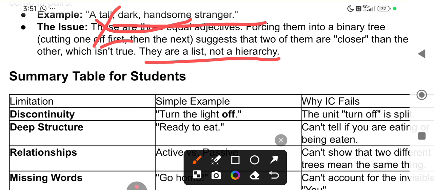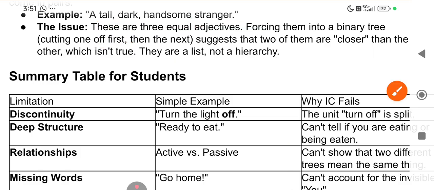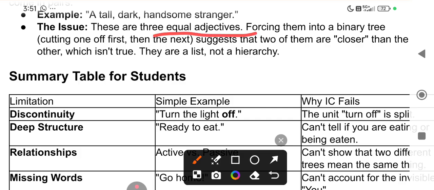So here "tall" is separated, and "dark, handsome, stranger" is separated. However, it's all equal quality, closer to one another. So that is why they are saying that these are the three equal adjectives that are used for one person. Forcing them into a binary tree, we have to cut one off first, this one, right?